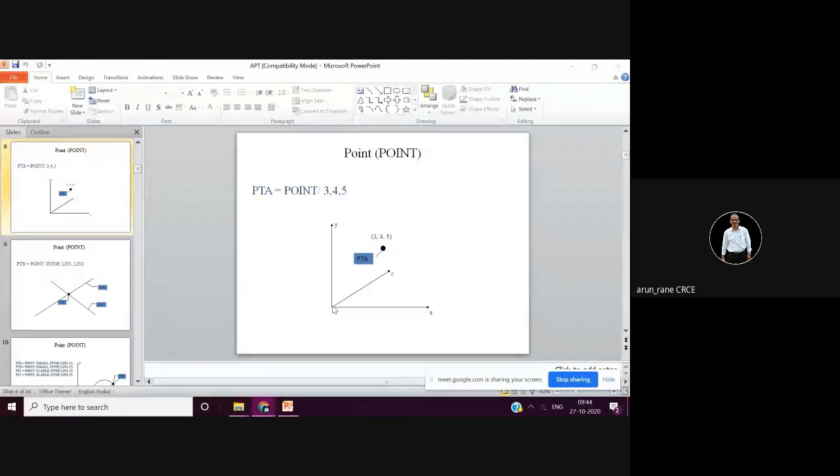On the top of the workpiece it is at a height of 5, and from this point it is at a distance of 3 and 4, and these dimensions are in inches. So this is 3 inch and this is 4 inch. PTA, that is point A, can be written as P1 also.